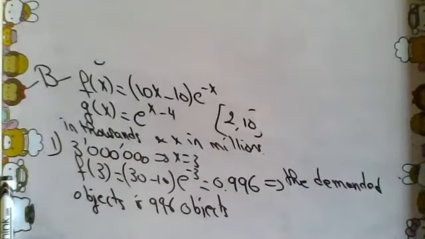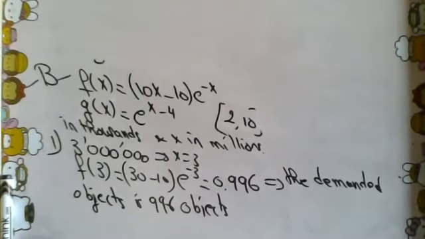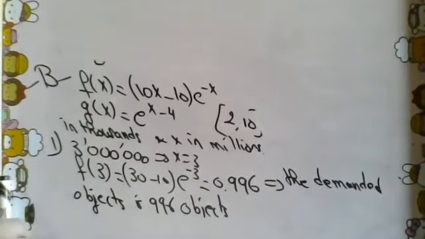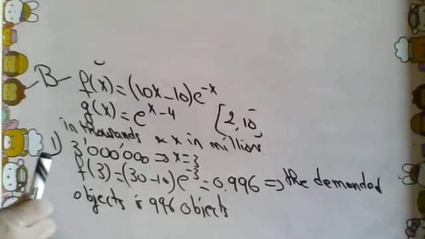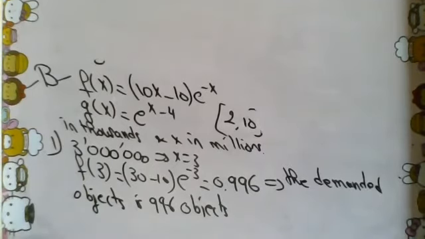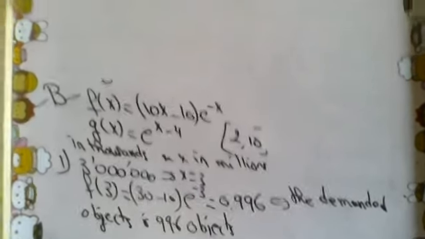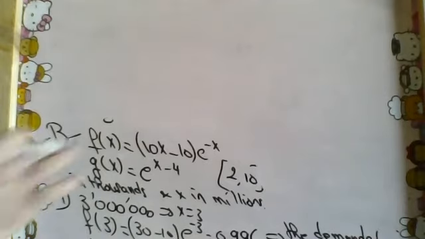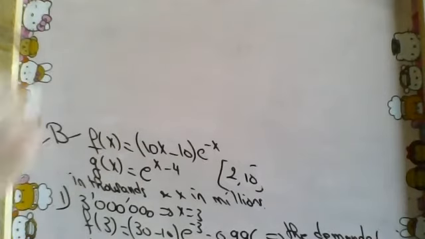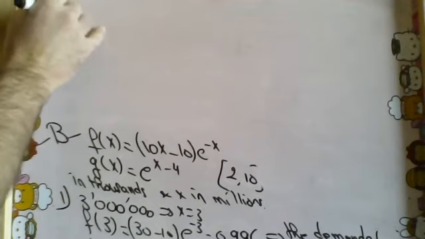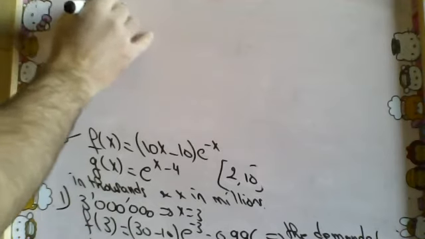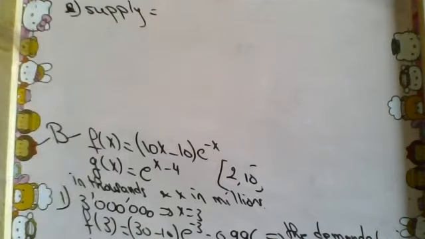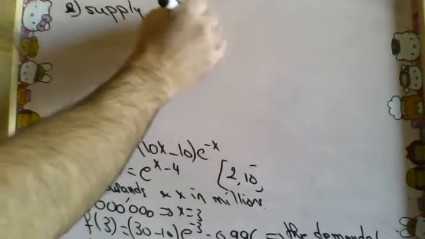Okay. Part 2. Find the unit price of supply when the supply is 1000. You have to find the price when the supply is equal to 1000.